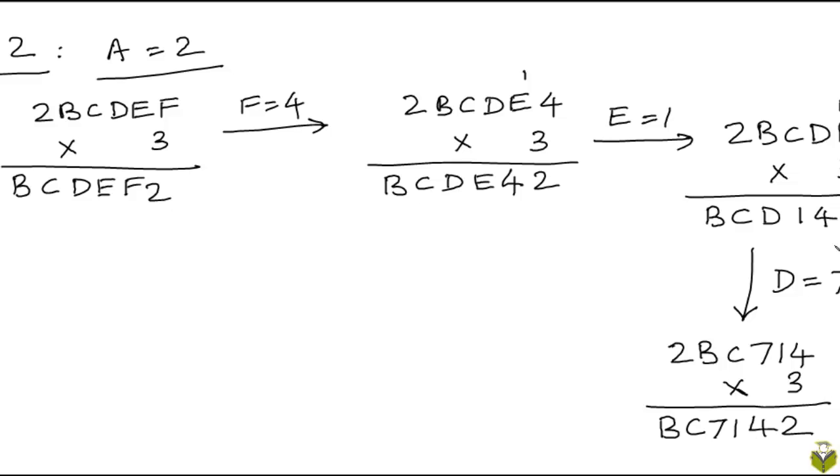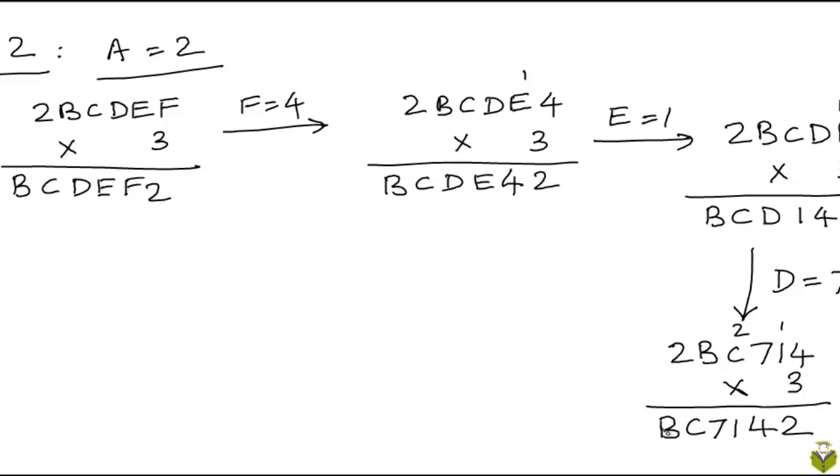And again, if we put the carries over here, we get 3 sevens are 21, so we have a 1 over here and a 2 that is carried over into the next column. Now 3 times C plus 2 should be a number that has a 7 in the units place.